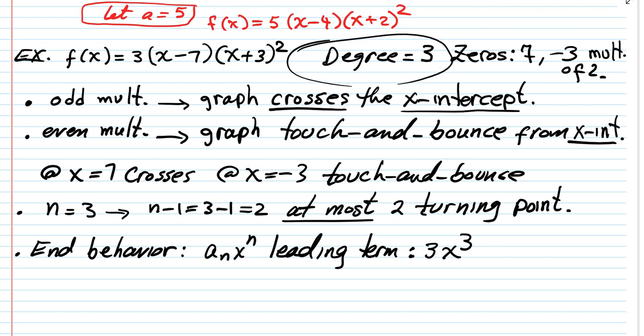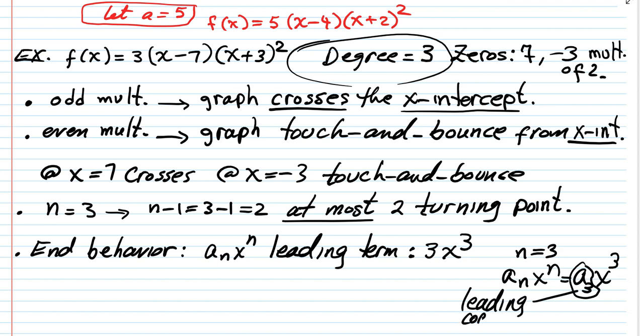Because n is 3. The form is a_n x to the n. So when n is 3, this is going to be a sub 3 x cubed. And remember, a sub 3 is the leading coefficient on the leading term. Well, that is your a, right? Remember, the number in front is the leading coefficient. And that's how I got the 3 here. That 3 comes from there.